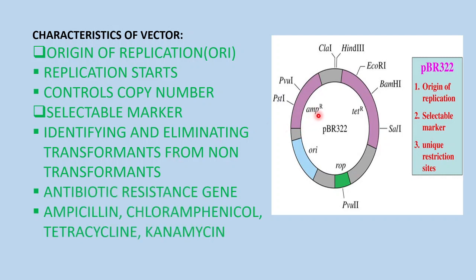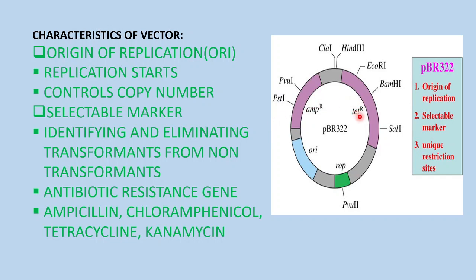As you can see here, AmpR. This purple portion is a gene that provides resistance against the antibiotic ampicillin. An antibiotic is something which kills bacteria. So, if we apply ampicillin, this particular plasmid, in whichever bacteria it might be present, will not die because it has a portion that will resist the effect of ampicillin.